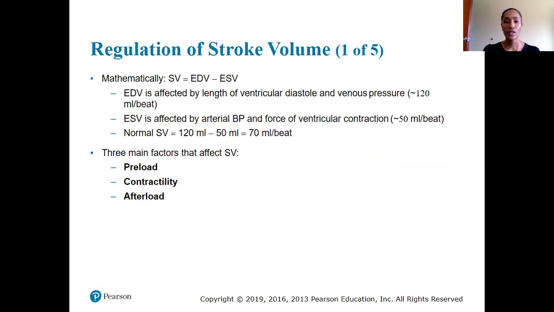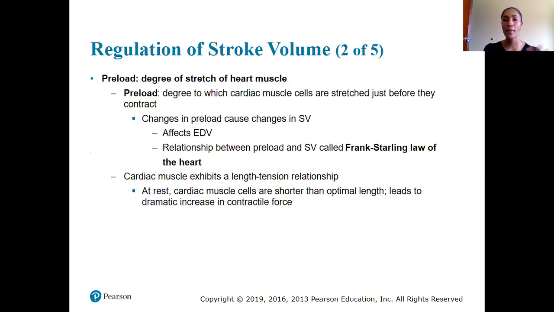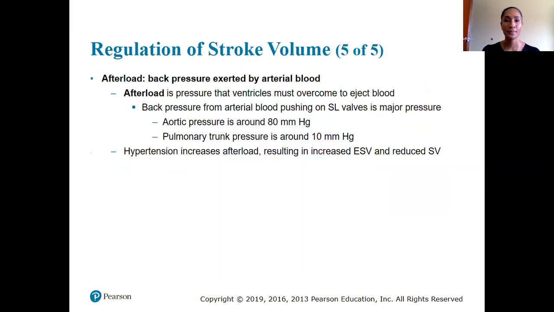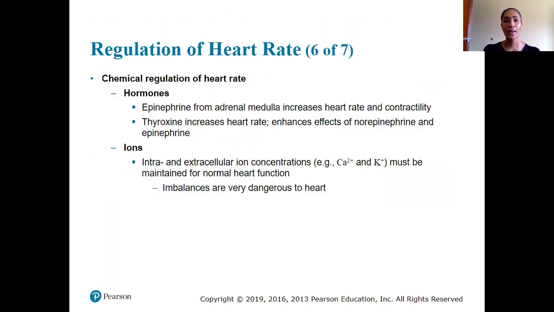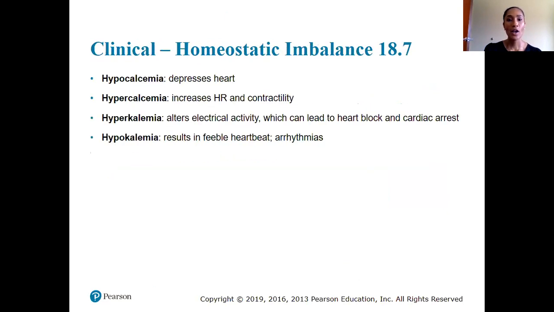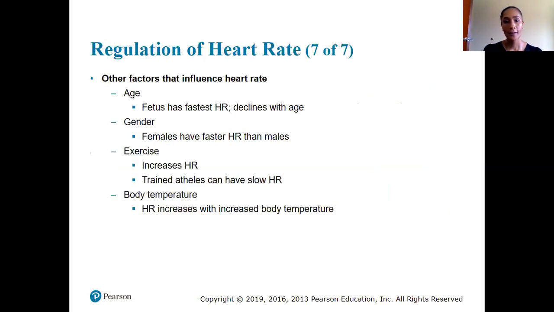And I'm not going to go into detail of the regulation of the stroke volume, so I'm going to skip over this as well. And the regulation of heart rate, I'm not going to go into details with that. Okay, homeostatic imbalances, definitely want you to read over these, know what they are and how they affect the body.